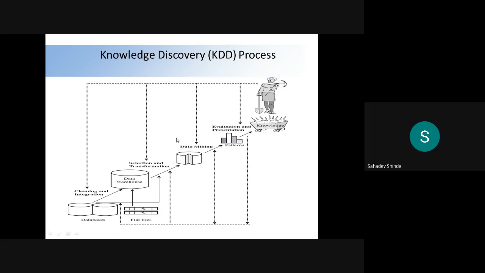In those files we are going to store the database, and after that we are going to apply the data mining algorithms, evaluate that data, and present it on the screen. From the evaluation we are going to find some conclusion, and that conclusion is called the knowledge. So this is the knowledge discovery process in data mining.